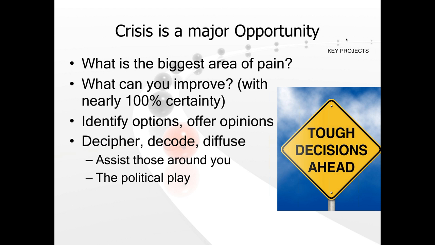Assist those around you and make sure that you played a good political game while talking about the problem. As much as I'd love to have talked about how crazy it was to have allowed a system to go without support on hardware as well as software, I couldn't say that.